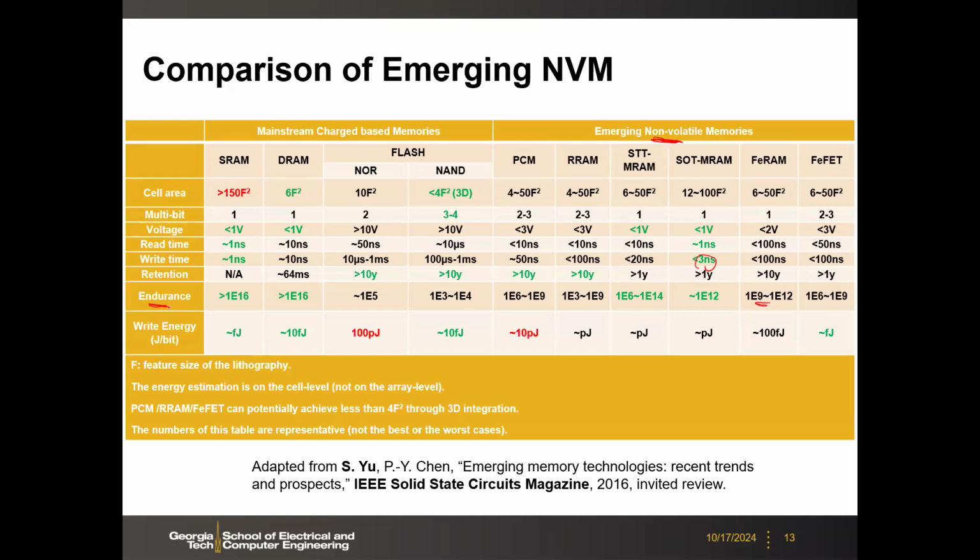So then the write energy, many of those write energies are large, because as I said earlier, moving atoms compared to moving the charges, typically they are on the order of picojoule, okay. With the exception of FE-FET, because it's field driven, as you integrate the ferroelectric into the gate stack, then you do not pass the DC currents.